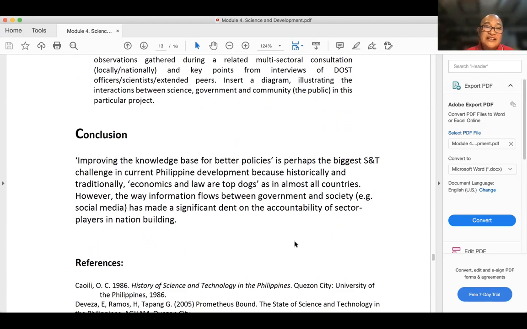We really need to improve the knowledge base for our economic and social policies. And perhaps that's the biggest science and technology challenge in our current development agenda. Now, the DOST has come up with, and I think I've told you about this, the Pagtanaw 2050, which is a foresight policy document that sets directions for science and technology development until the year 2050.